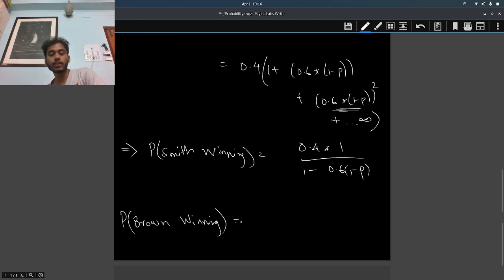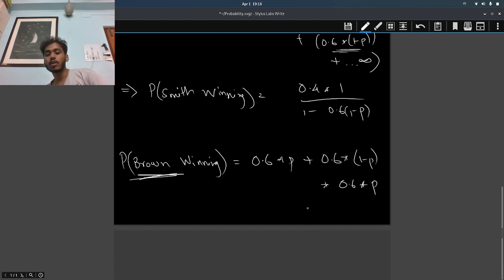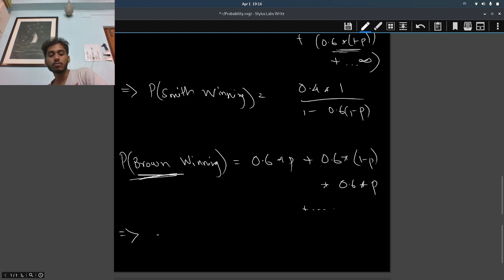P of Brown winning is basically the first shot is missed by Smith as Smith starts, then Brown hits, or Smith misses, Brown also misses, then Smith should again miss because Brown is the winner, as we are considering Brown winner, and so on. So again, if you check out, this will form a similar probability.